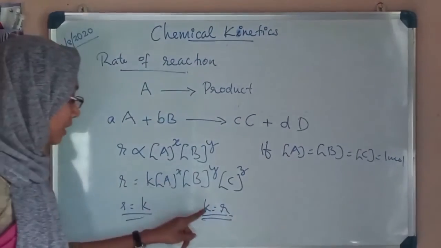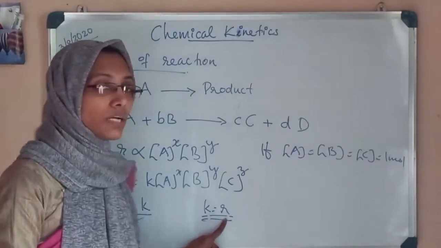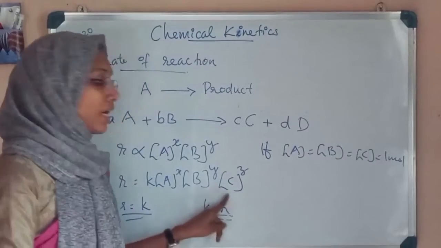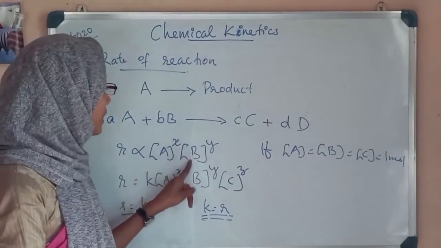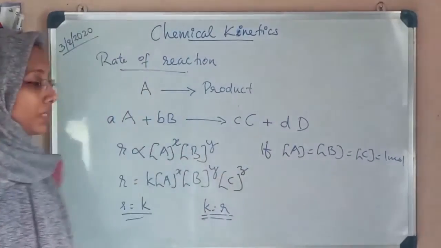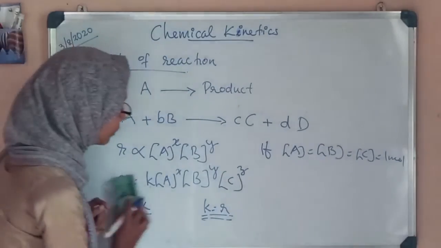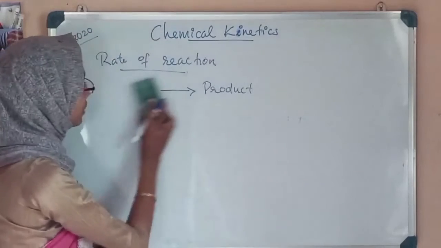That is, the rate constant of a reaction at a given temperature is defined as the rate of the reaction when the concentration of each reactant is equal to 1 mole per liter. This is the definition of the rate constant of the reaction.